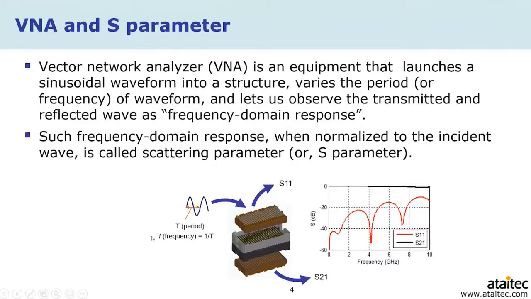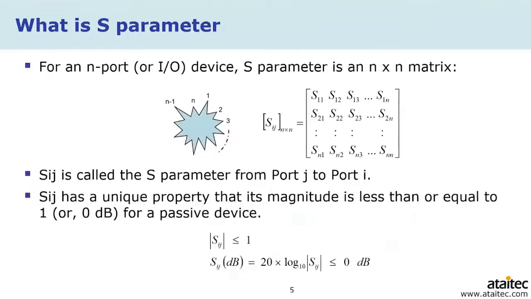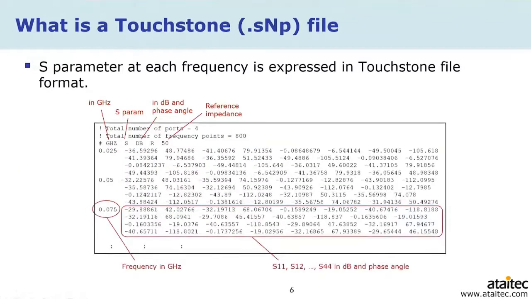So people use VNA, or Vector Network Analyzer, to measure S parameters. S parameters are complex numbers for an N by N matrix. For an N-port device, S parameter is an N by N matrix. Now, S parameters are recorded in Touchstone files or SNP files.